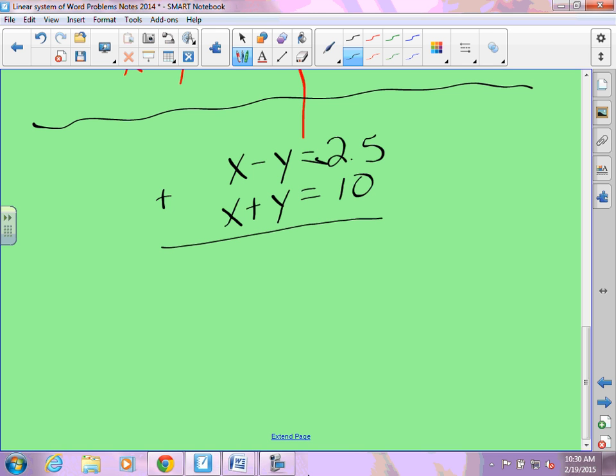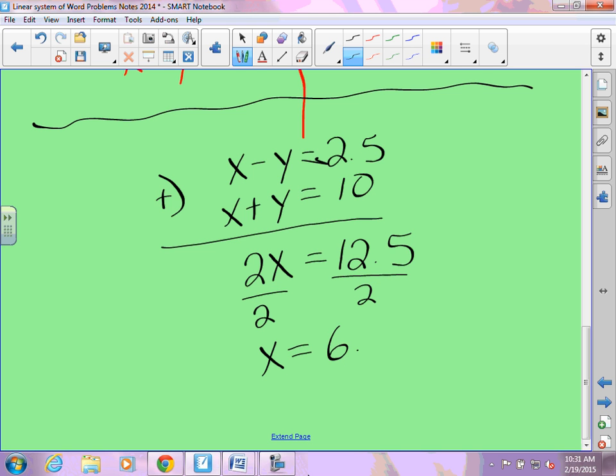The y's cancel, equals 12.5. Divide by 2. X gives me 6.25 what? Miles per hour. Okay, what did I just find? Speed of the barge in still water. Yep, this is the speed of the barge in still water.